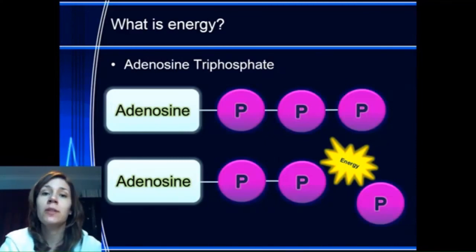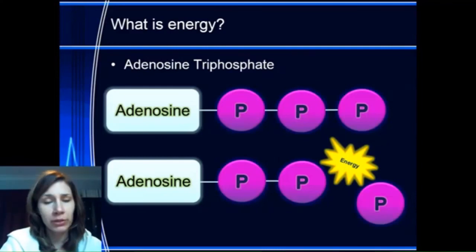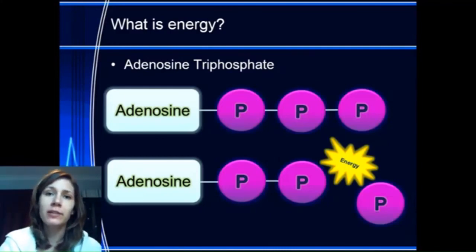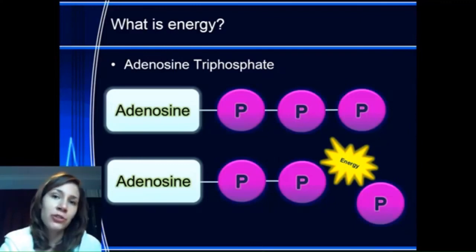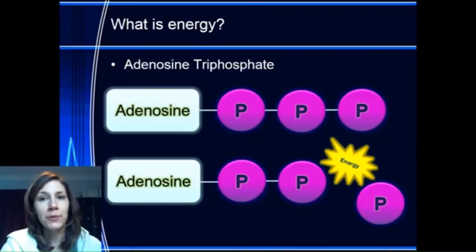Now the problem is you can't really use that for energy, so the whole point of an energy system is to recreate the ATP, to join phosphate molecules back onto the ADPs, so you can come up with lots of ATPs. The ATP is the one that you need to create the energy, but you need to reconstruct that during an energy system so you have more of them to use during muscular contraction.